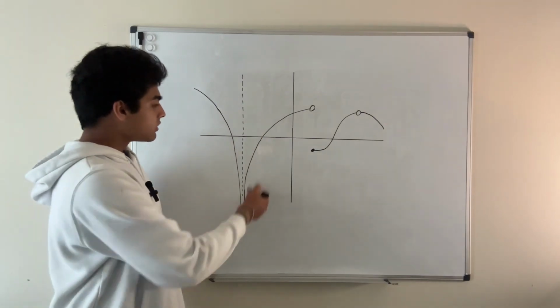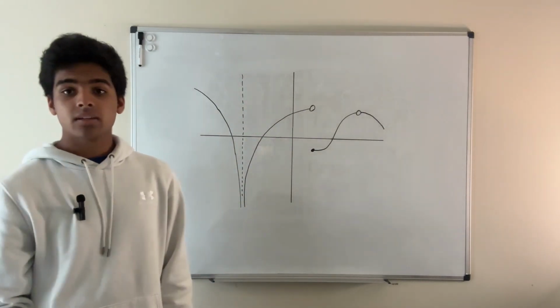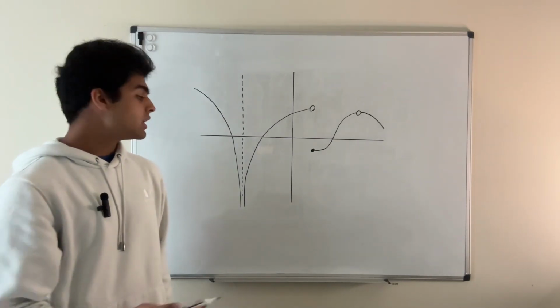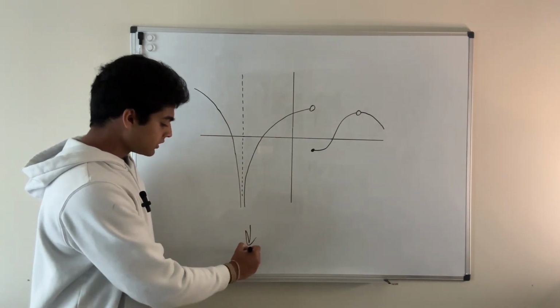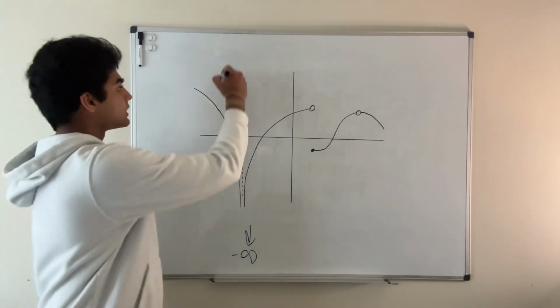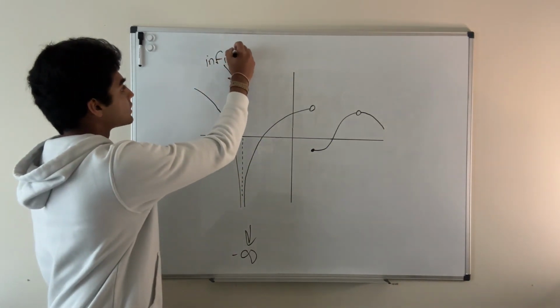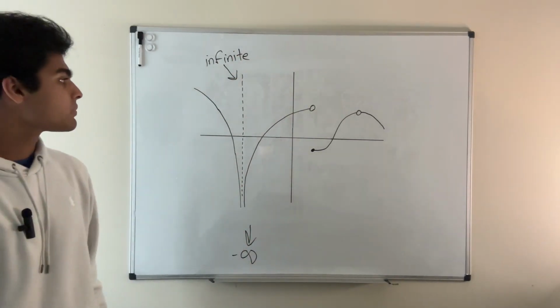The first one is right here. As you can see, there's a vertical asymptote, and that indicates an infinite discontinuity. You can also see that both sides of the graph are going down to negative infinity. So this is an infinite discontinuity, and the vertical asymptote kind of gives that away.